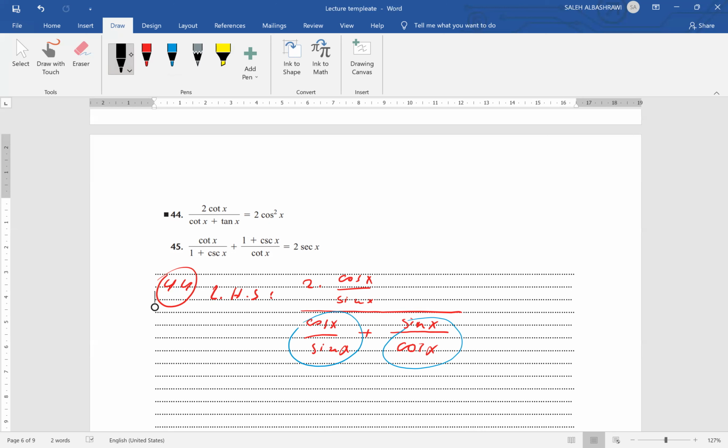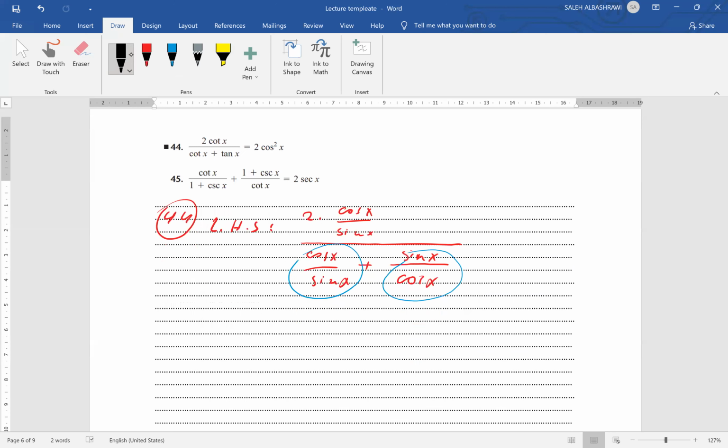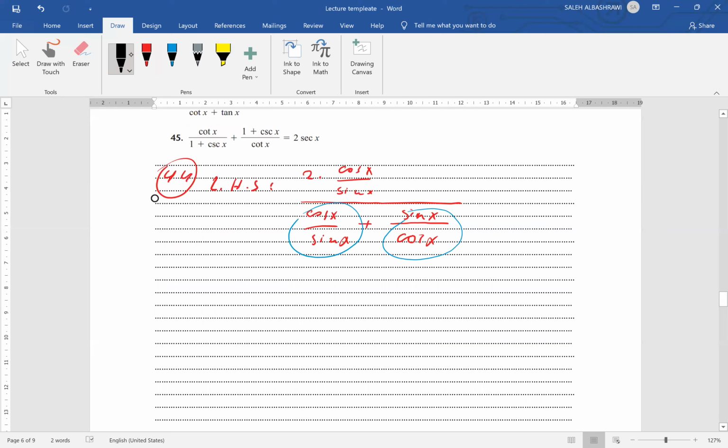If we combine them together, I will have, for the numerator, we shouldn't do anything, just keep it as it is, 2 multiplied by cosine x over sine x.